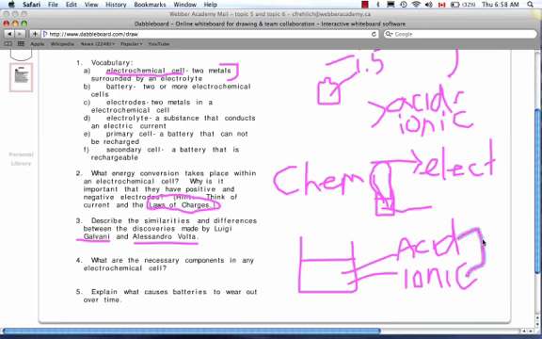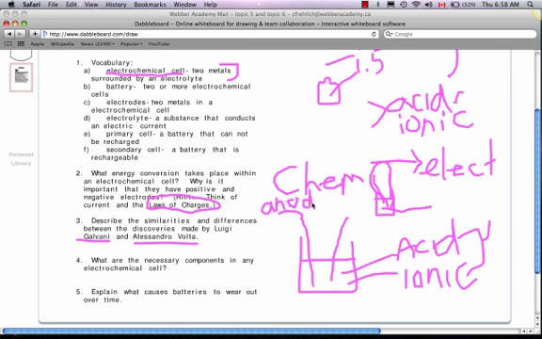So we need an electrolyte. And then we stick in two different metals, these metal strips. One will act as the anode, which is the negative part of the electrochemical cell, and one will act as the cathode, which is the positive part.